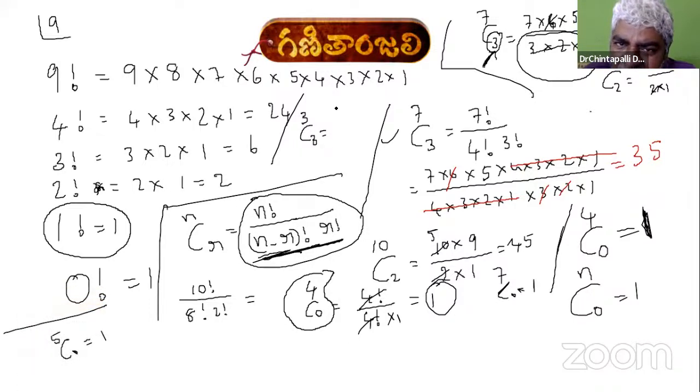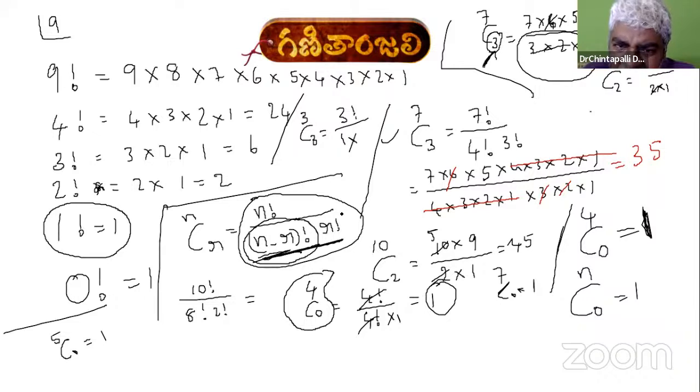3 factorial, that is 3 times 2 times 1, by (n minus r) factorial. What is n minus r? That is 3 minus 3, which is 0, and 0 factorial is equal to 1.